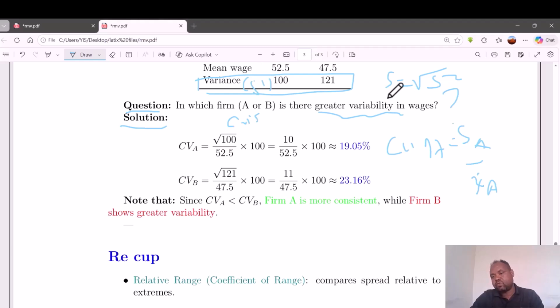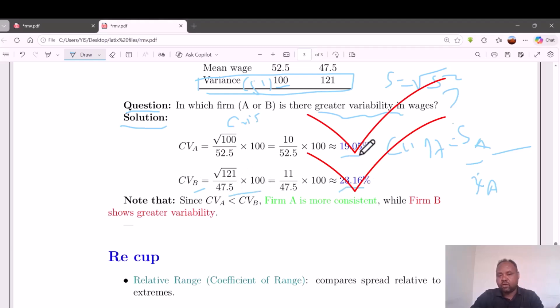We have to transform into standard deviation before computing the CV values for each firm. So we take the square root of 100 in computing the coefficient of variation for A. The same is true for the coefficient of variation for B. Then we come up with these values in percentage.